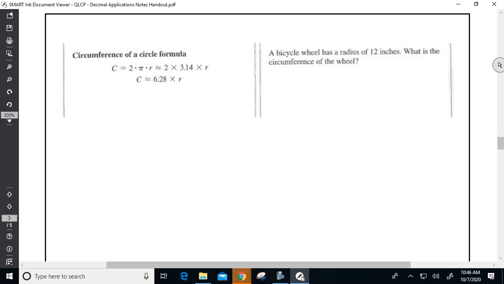So, next example, and then we'll take a short break. Circumference of a circle. So the circumference of a circle, that's the perimeter of a circle. So circumference is a fancy name for perimeter.